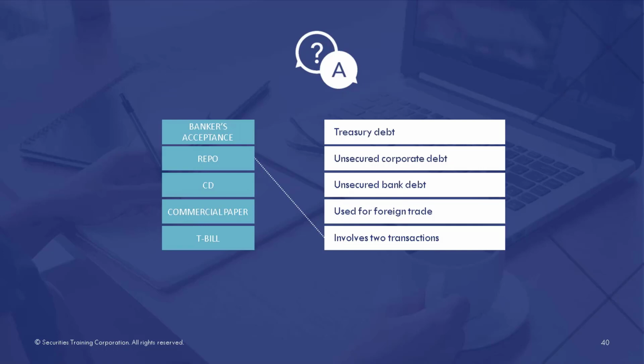The dealer sells the securities with the agreement to buy it back quickly at an agreed upon price, a little bit higher, the difference being the interest. CDs, remember, are unsecured obligations of banks. Commercial paper is unsecured corporate debt. And a T-bill is treasury debt.